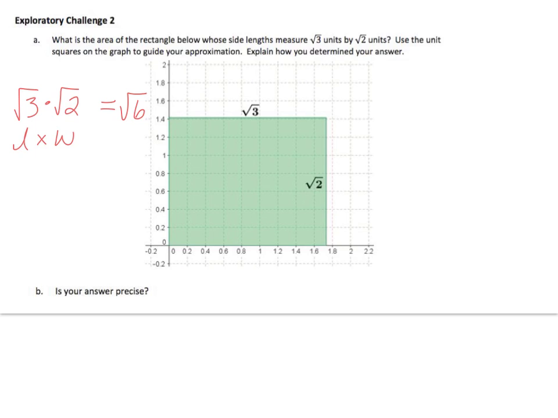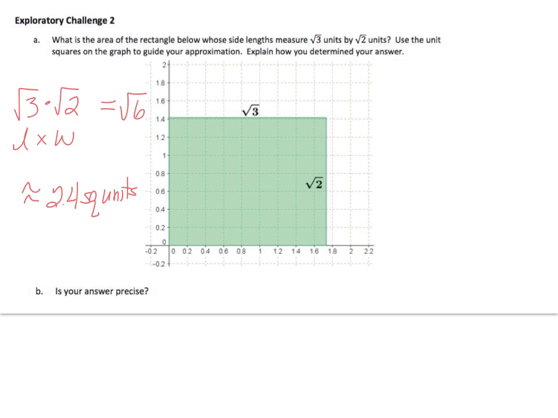Then you would get your handy dandy calculator out and crunch square root of 6, and we would get approximately 2.4 square units, right? Let me check that again.